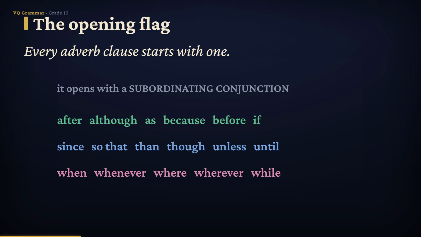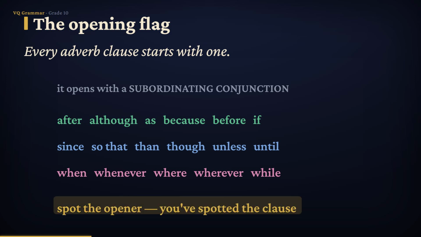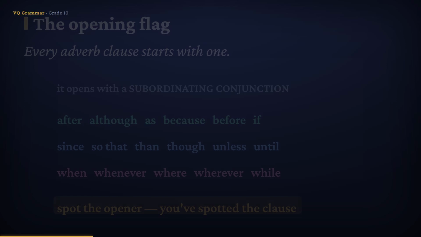Say that list out loud a few times, because each one of those words is a flag going up. The moment one of them starts a group of words that has its own subject and its own verb, you are almost certainly looking at an adverb clause. Spot the opener, and you've spotted the clause.